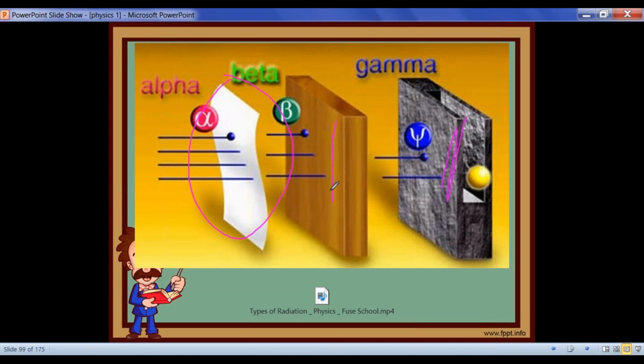So, sa beta po, pwede pong lead, pwede pong aluminum. Sa gamma, lead lang po yung pwede makapag-stop sa kanya. So, dahil less penetrating siya, so sa papel po lang, wala na siya. Wala po siyang energy. Ito naman, moderate. So, kailangan medyo matibay, medyo makapal. So, aluminum or wood or lead.